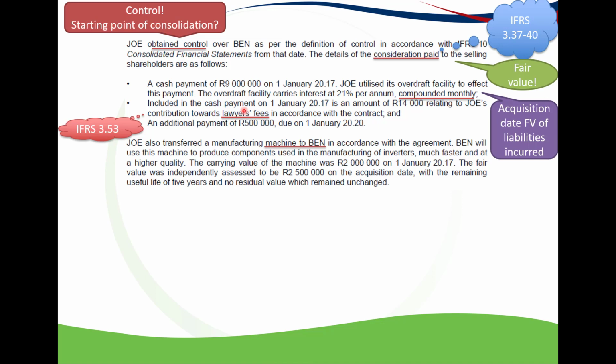The acquirer shall account for the acquisition-related costs as expenses in the period in which the costs are incurred, with one exception. The cost to issue debt or equity securities shall be recognized in accordance with IAS 32 and IFRS 9. So in this case, we know that the lawyer's fees of 14,000 must be expensed. We know it is included in this cash payment of 9 million, so we know we will have to deduct it. And then lastly, an additional payment of 500,000 due on 1 January.